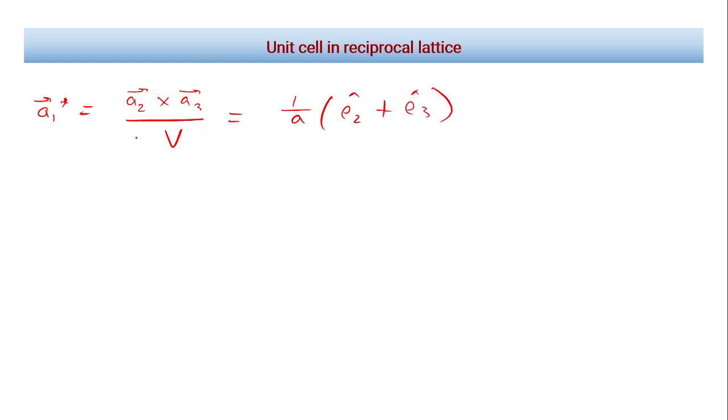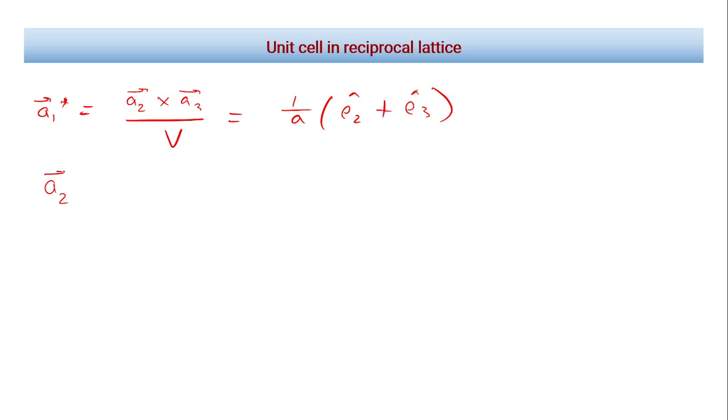Okay, so when we finally find out A1 star, it will be A2 cross A3 divided by volume. After you do the calculation, you will get this as 1 by A E2 cap plus E3 cap.